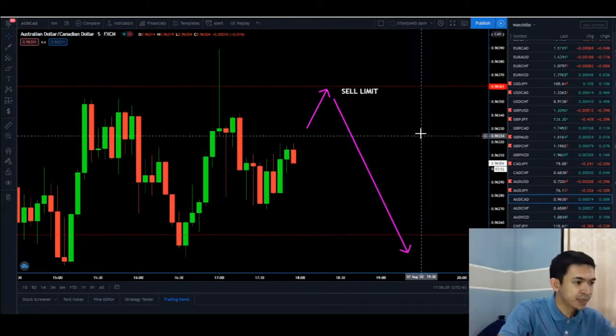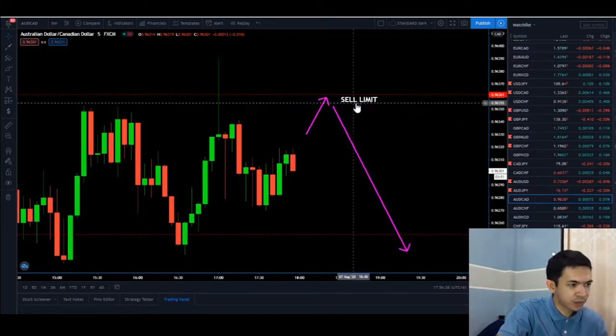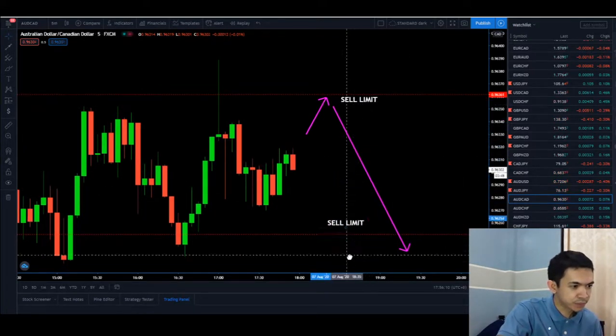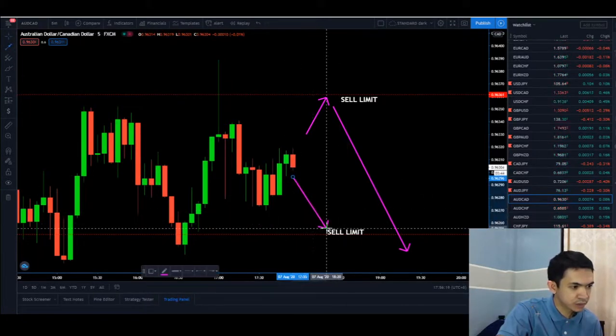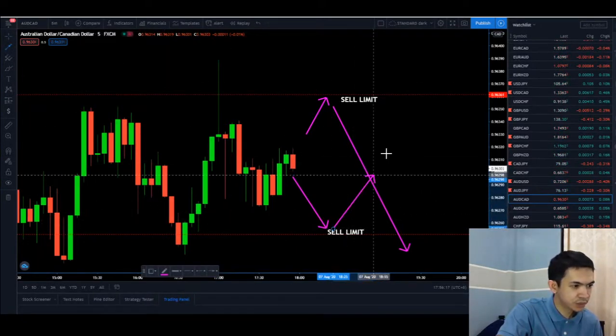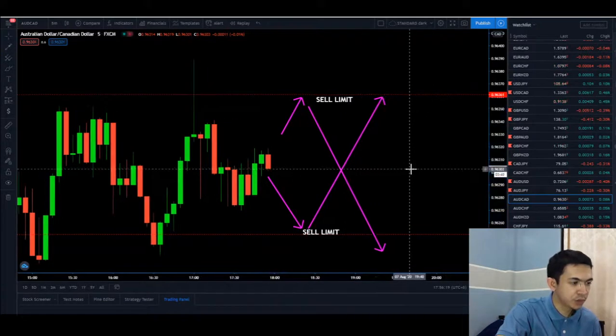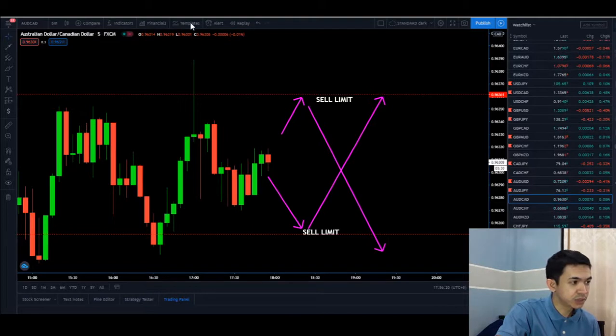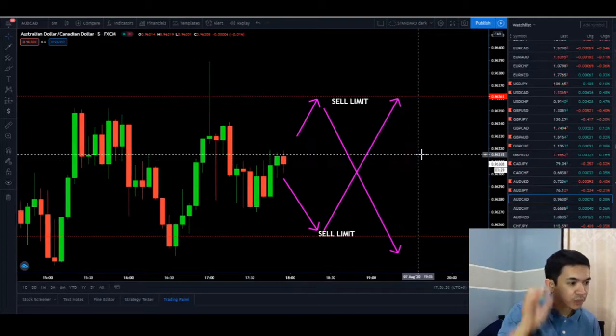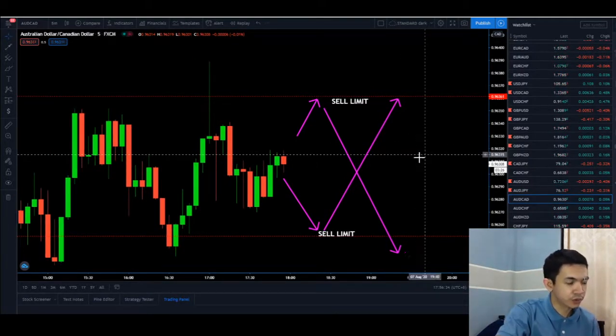So again, if you're going to have a buy limit order, you're expecting the price to come down before it goes up. However, if you're going to use a sell limit order, the price level of the order must be above the current price, right? Because you're expecting a much better price on your order.